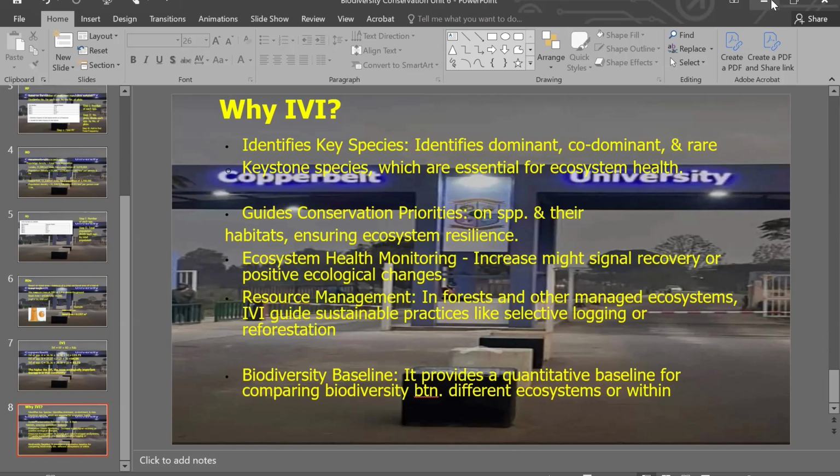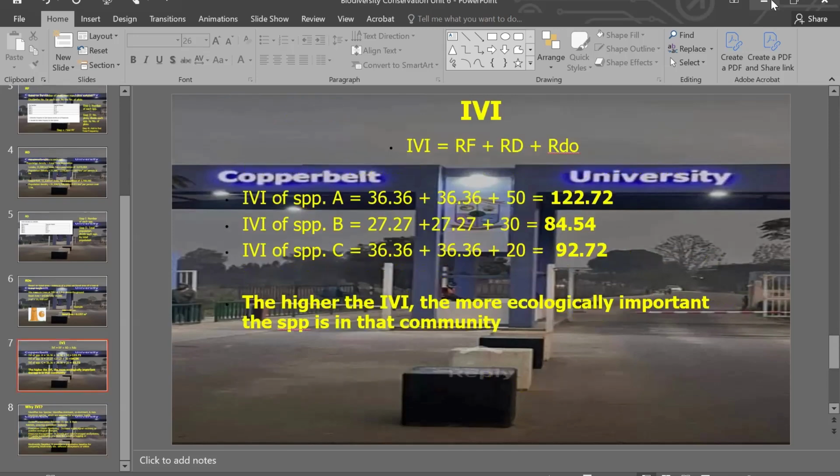No, I want you to analyze issues using metrics, using the index. So you have no option, you need to know this. In other words, if you do not know how to use the important value index, you do not know how to use the Shannon Diversity Index, then you cannot pass this course. It's as simple as that. So you need to know this like the back of your hand.